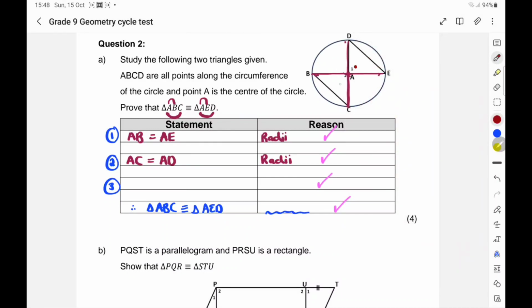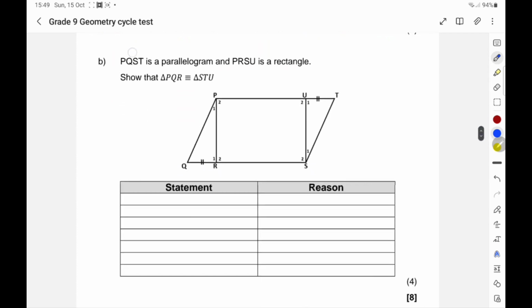Then the 3rd one, can you see that A1 is equal to A2 because of vertically opposite angles? Then we've got a side, an angle, and a side. Very important when using side angle side, the angle must be wedged between the two sides that are being used as well. So your reason is side angle side. I hope that makes sense.